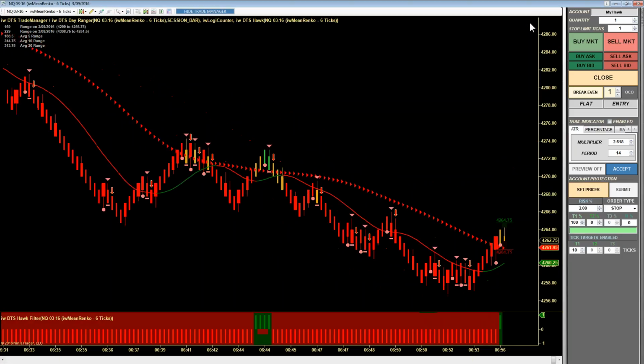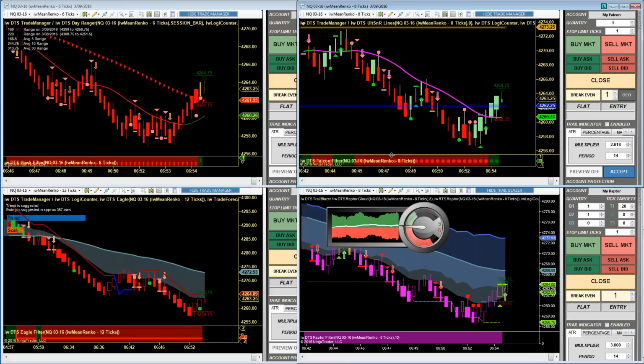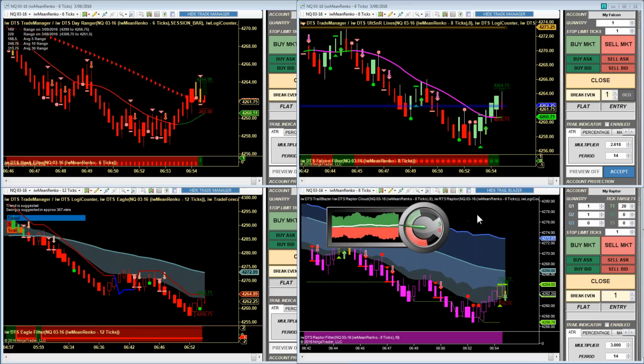Right? A stop loss is only a loss if it gets hit. If it doesn't get hit, it's not an expense. That's what I was trying to say. So do yourself a favor, don't strangle your trades. Don't put everything in there so tight that you get stopped out on the slightest little hiccup in the market.